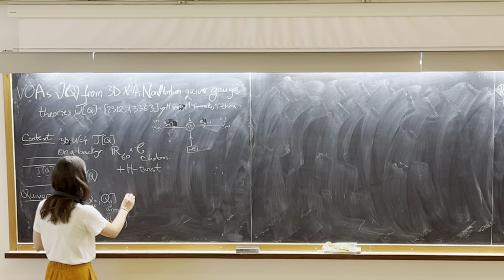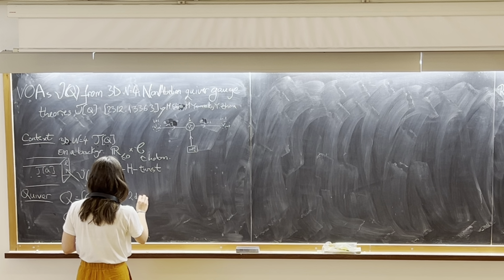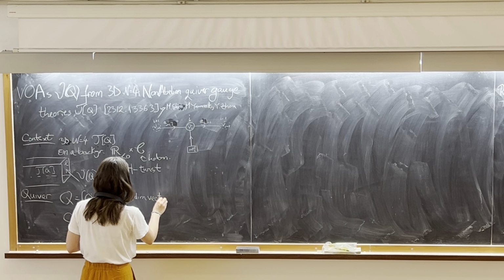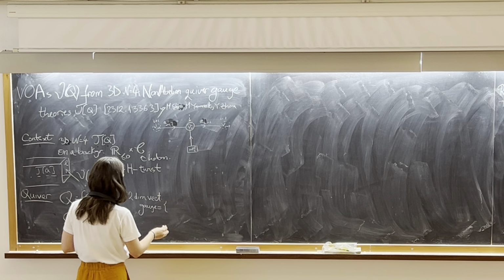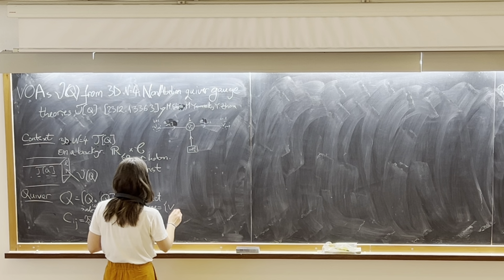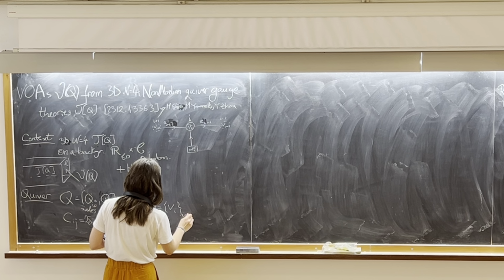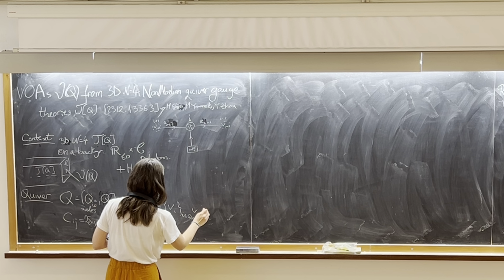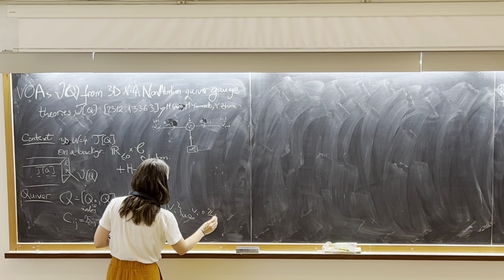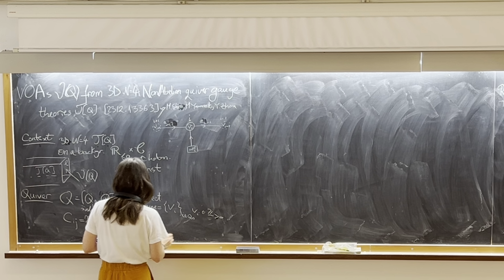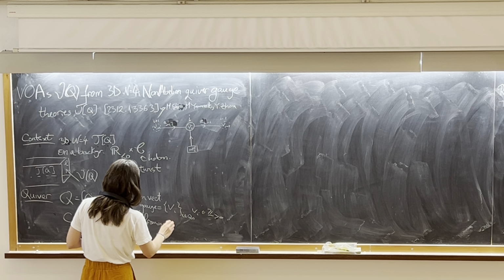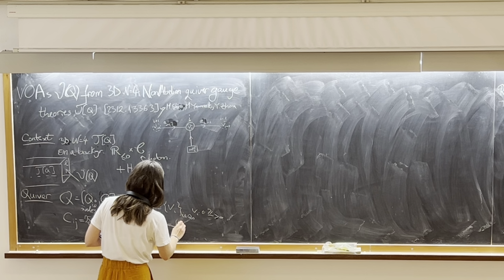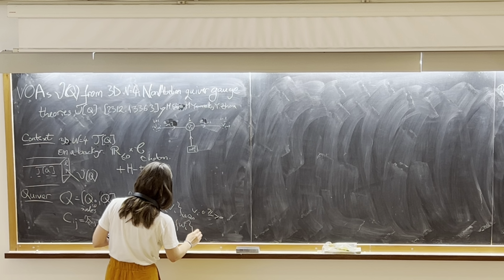And I'll have two dimension vectors, the gauge one, which will be composed of non-negative integers, and a framing dimension vector, which can be 0 or greater than 0.